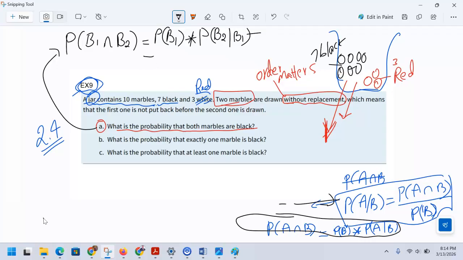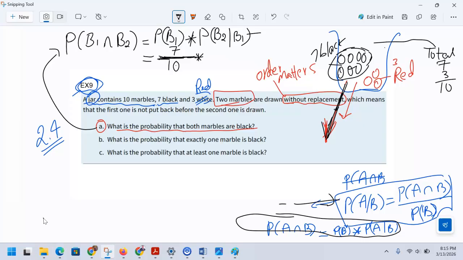Now, when you pull out the first marble, the total marbles in the jar are 7 plus 3, which is 10. From 10 marbles you're picking a black one, and there are 7 black marbles. So the outcomes favorable for the first one to be black are 7 out of 10.